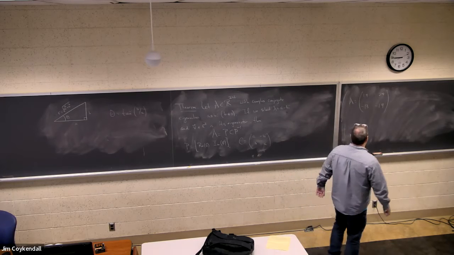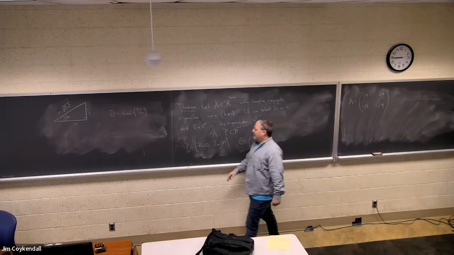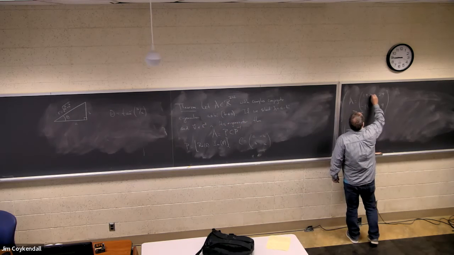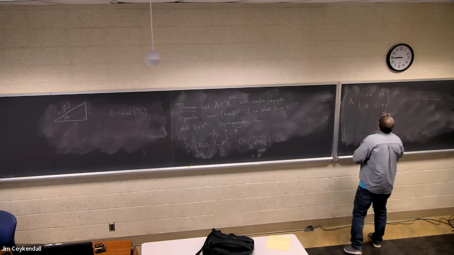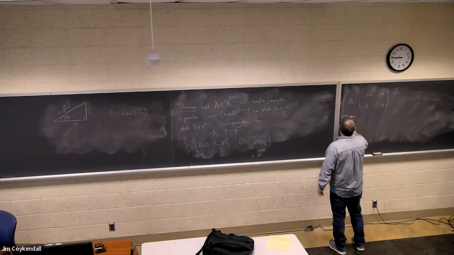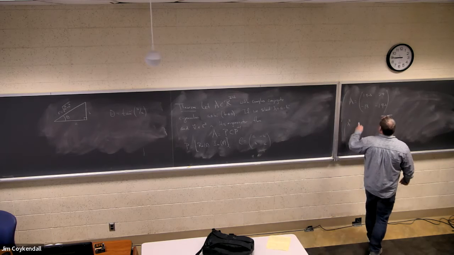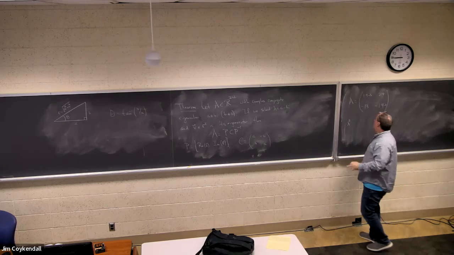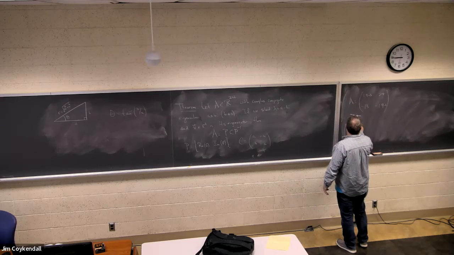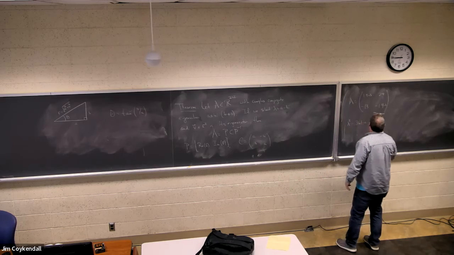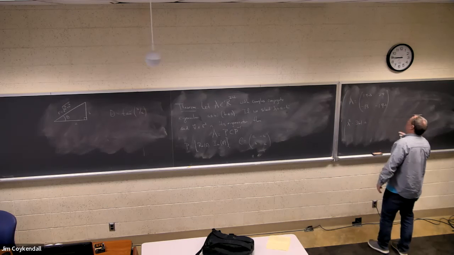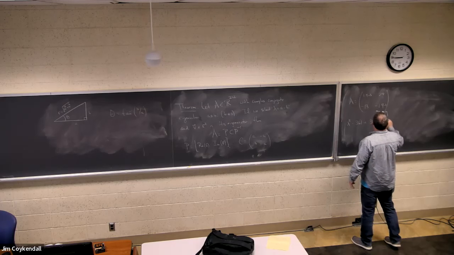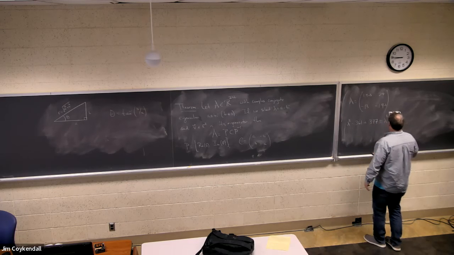Now, if you compute the eigenvalues for this, I take the determinant and get lambda squared minus 361 plus 377, which is lambda squared plus 16.